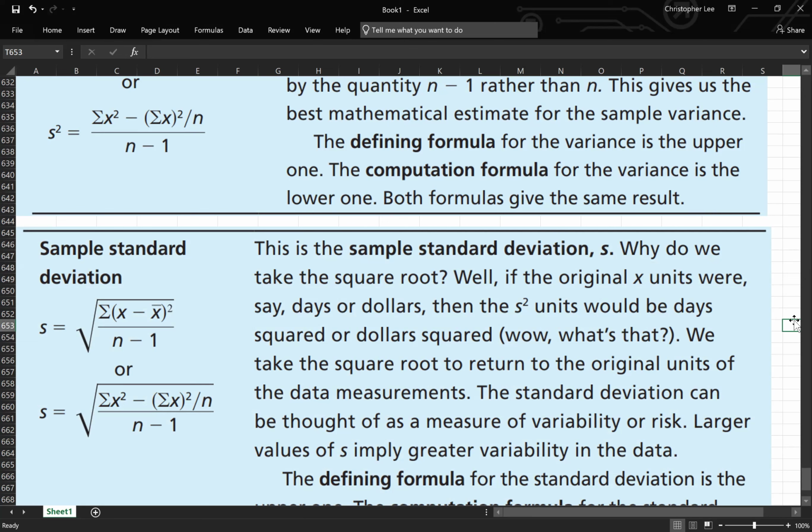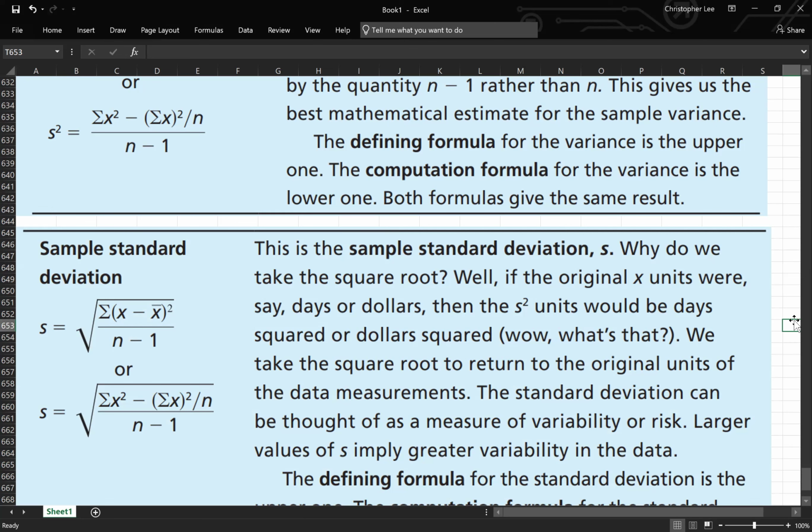Why do we take the square root? Well, if the original x units were, say, days or dollars, then the s squared units would be days squared or dollars squared.